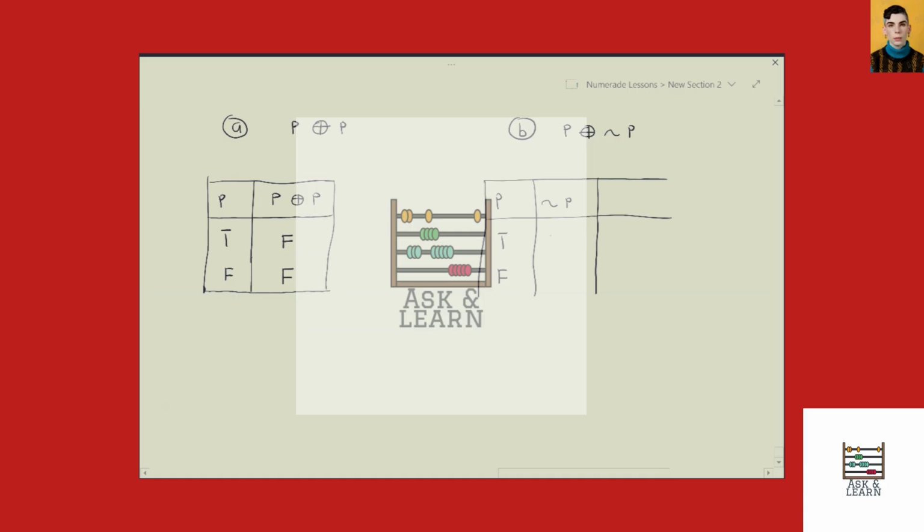The negation of the true is the false. Negation of the false is a true. Then we have P exclusive or P.